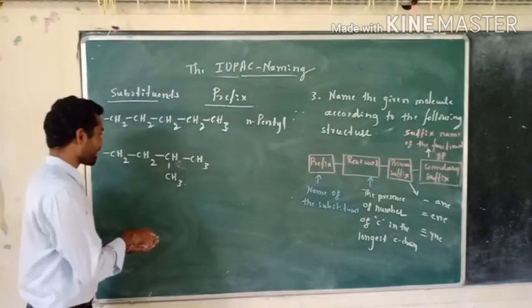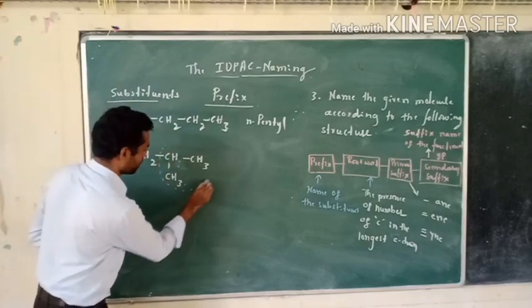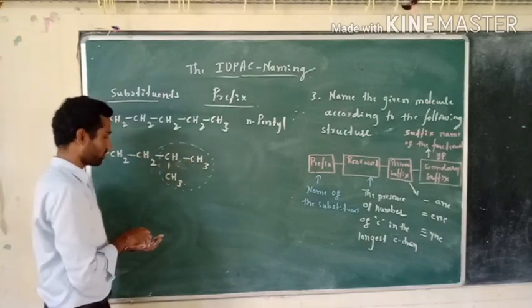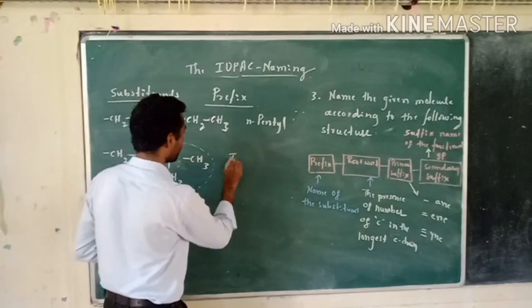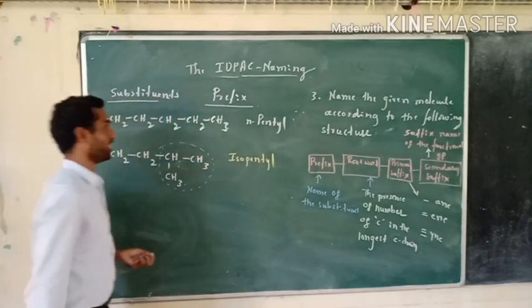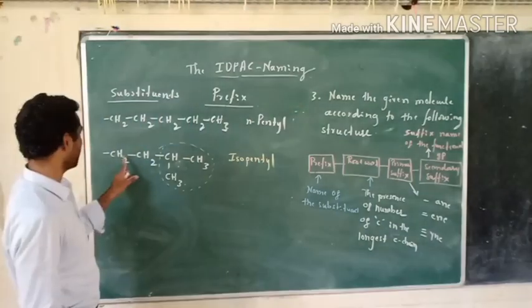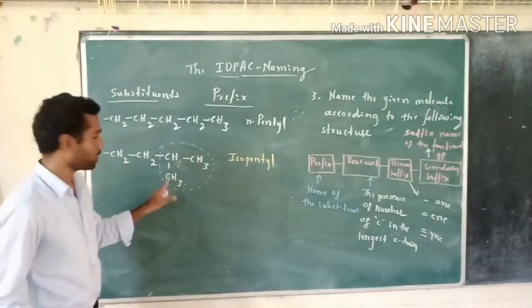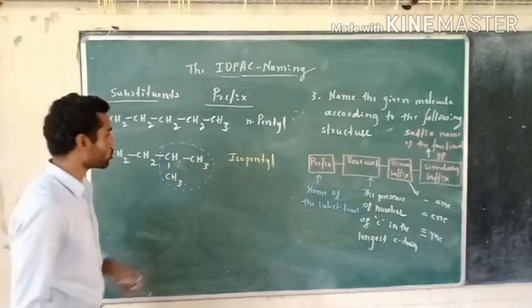So this molecule is having the iso group. Therefore, the name of this molecule is isopentyl. Isopentyl. 5 carbons in the substituent, but iso group is there. Therefore, isopentyl.